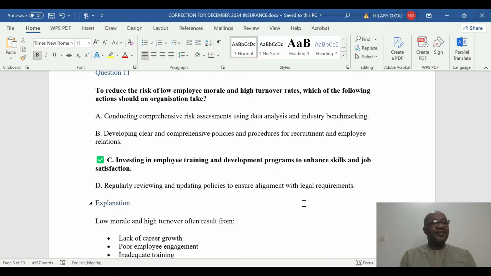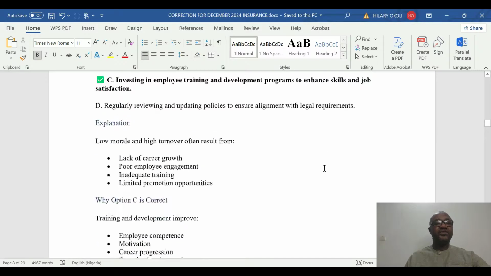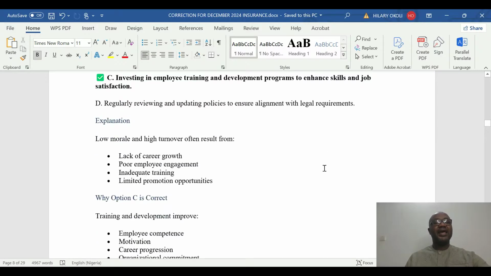Investing in employee training and development programs to enhance skill and job satisfaction. We have mentioned this before, so it is occurring again. Low morale and high turnover often result from lack of career growth, poor employee engagement, or inadequate training, also limited promotion opportunity.